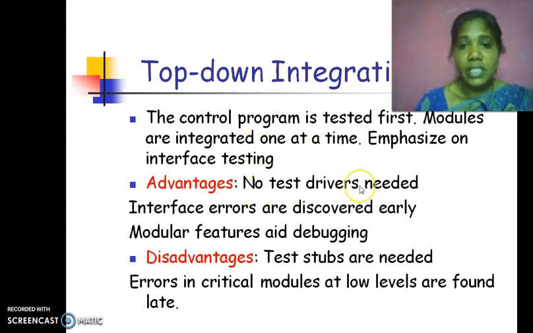No test drivers are needed, interface errors are discovered early, and modular features aid debugging. Disadvantages: test stubs are needed, and errors in critical modules at low levels are found late. These are the disadvantages of the top-down integration test.